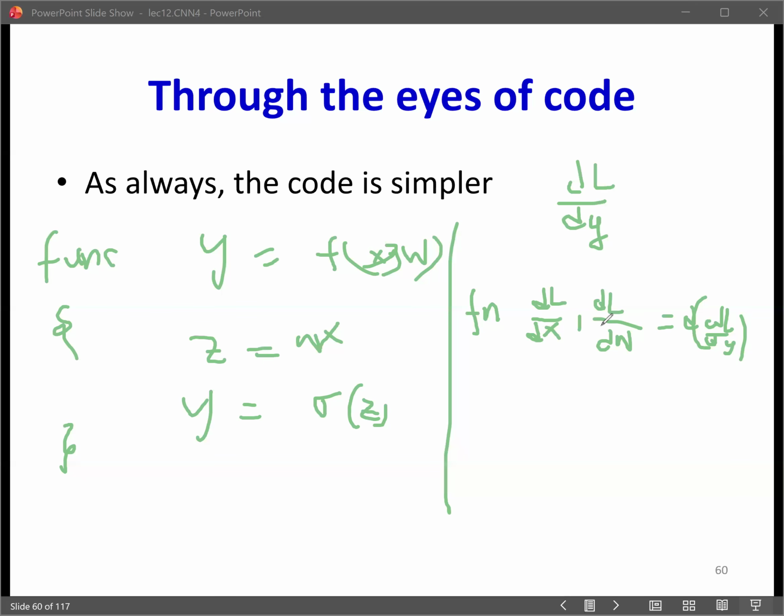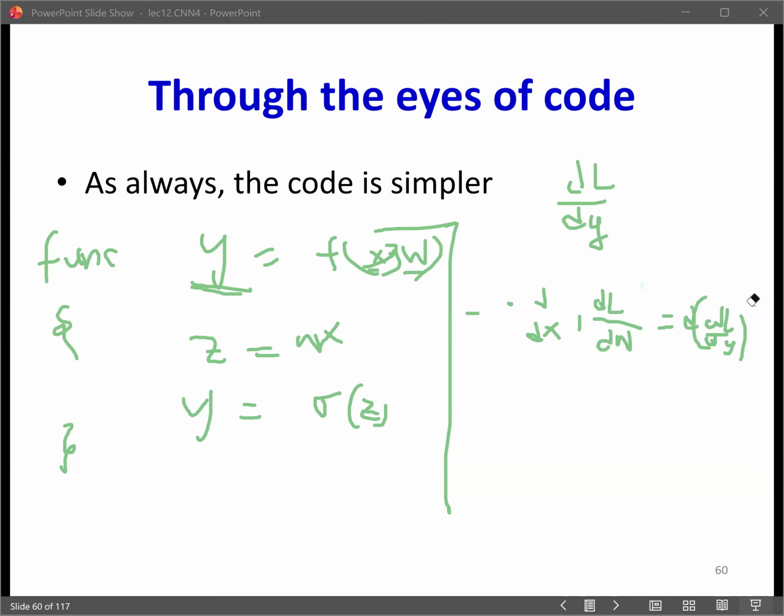Basically, this computed y from x and w. I want the reverse function which computes the derivatives of a loss with respect to x and w given the derivative of the loss with respect to y. What would this look like? Is this problem statement making sense to you guys? What I just asked.